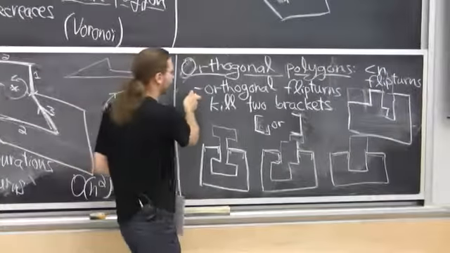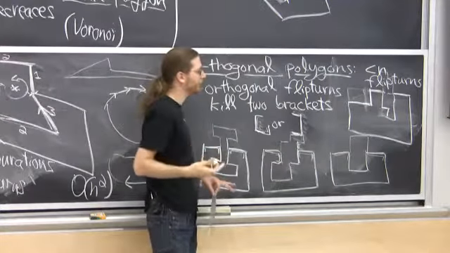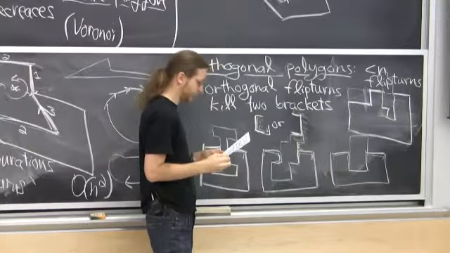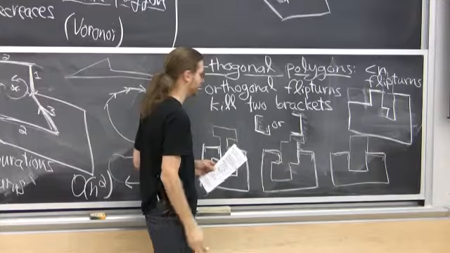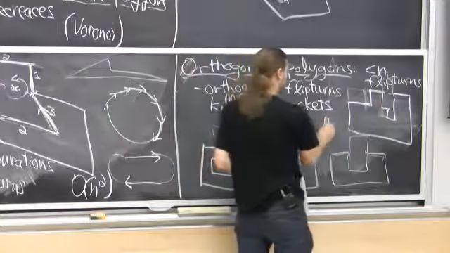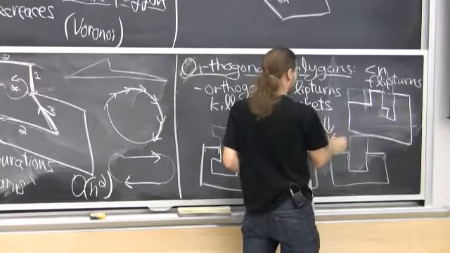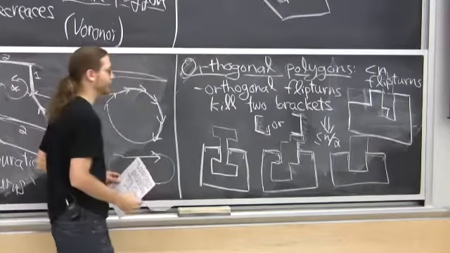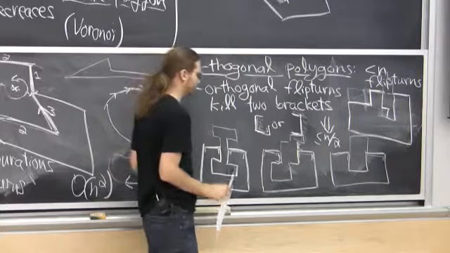And every time you do an orthogonal flip turn, you kill 2 of them. Therefore, there are at most n over 2 orthogonal flip turns, because there are at most n over 2 brackets. You have to think about that to prove it, but it is true.